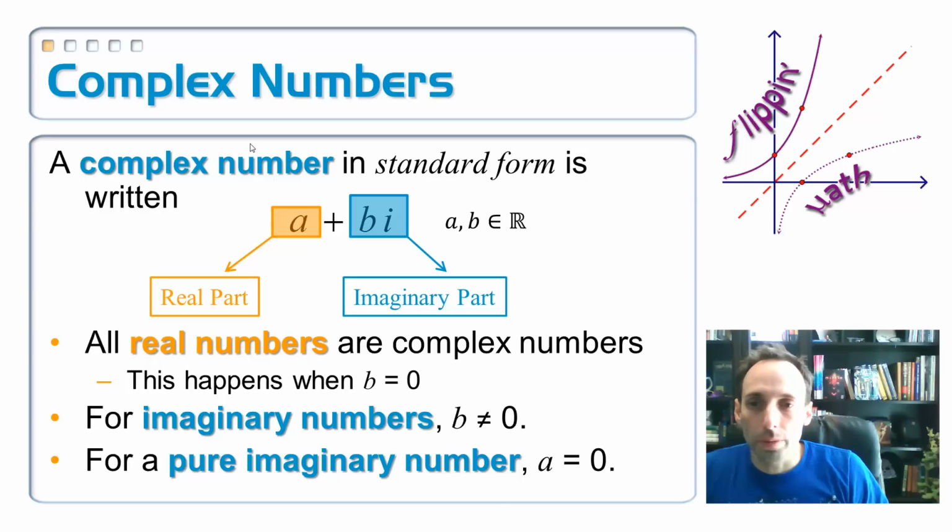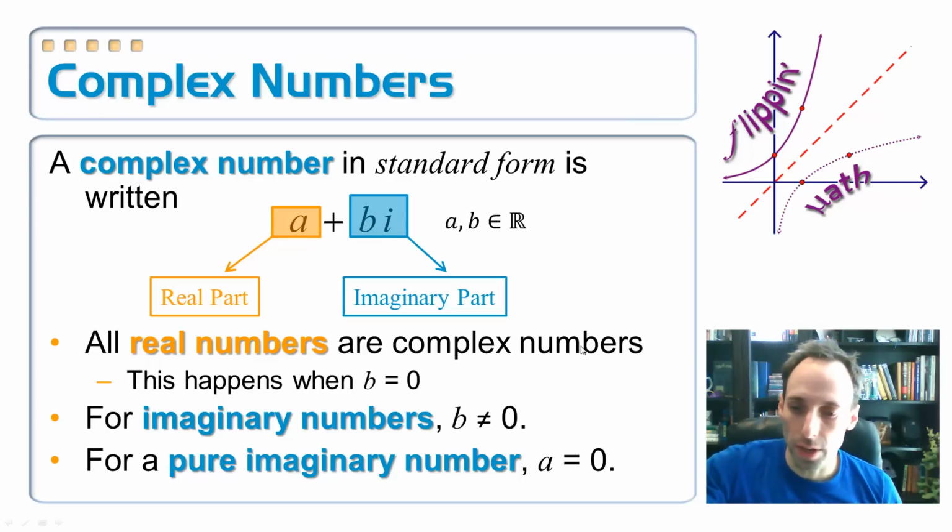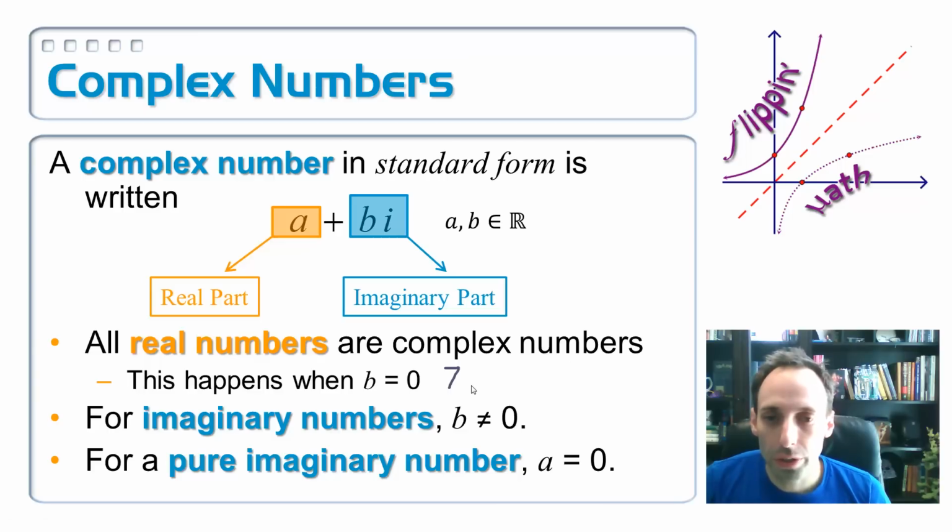Any real number is also a complex number. Every single real number is also a complex number. That happens when b is equal to 0. So just for example, the number 7, which is a real number, is also a complex number because I can just write it as 7 plus 0i.